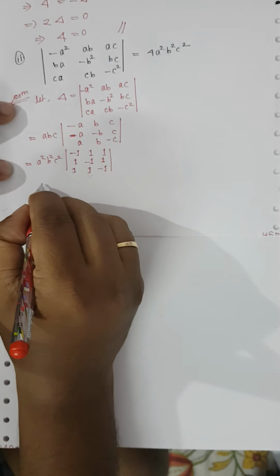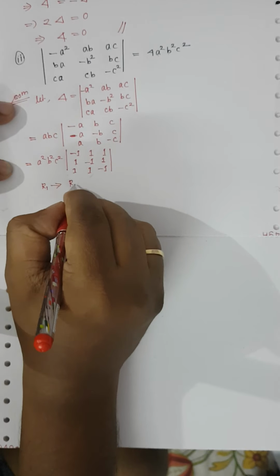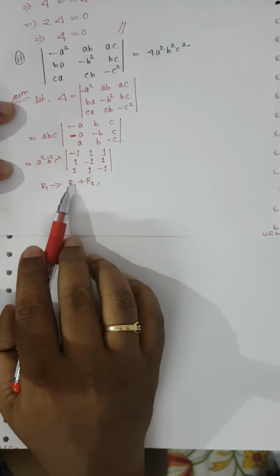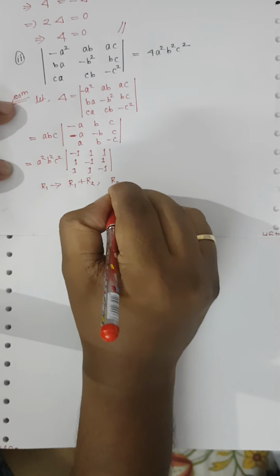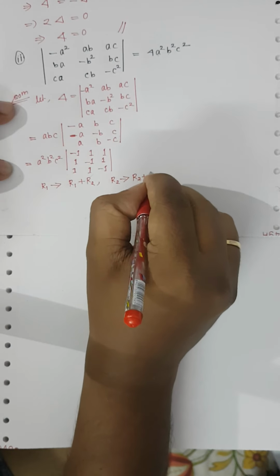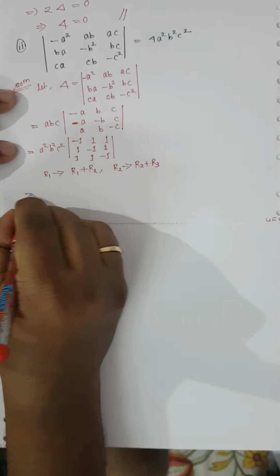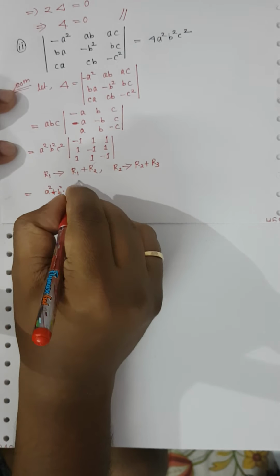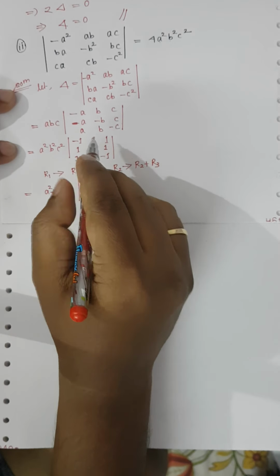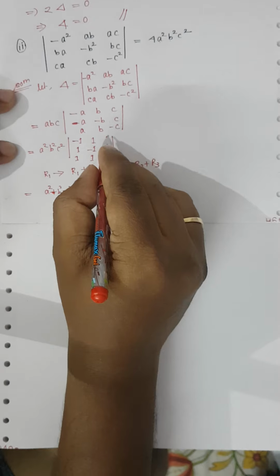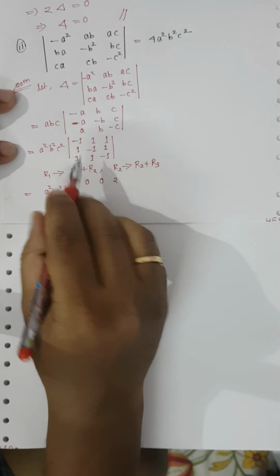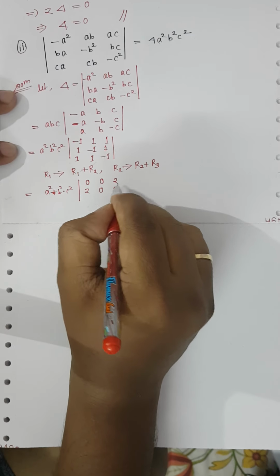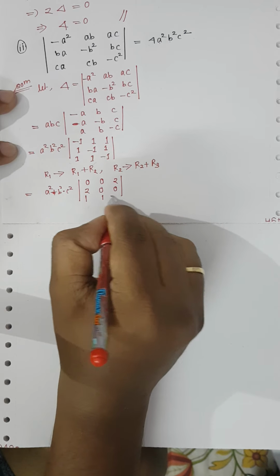See, if I write row 1 changes to row 1 plus row 2, and similarly row 2 changes to row 2 plus row 3, it becomes a square b square c square into: minus 1 plus 1, it is 0; 1 minus 1, it is 0; 1 plus 1, it is 2. Similarly 1 plus 1, 2; minus 1 plus 1, 0; 1 minus 1, 0. This is 1, 1, minus 1.